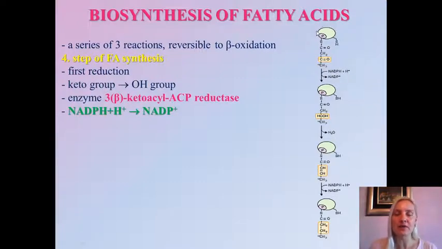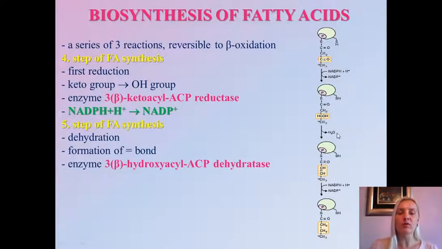The fourth step, here it is, is the first reduction. The keto group from the acetoacetyl part of the molecule is reduced to a hydroxyl group. The enzyme catalyzing this reduction is beta or 3 ketoacyl ACP reductase, and the donor of reducing equivalents is NADPH. Then we move on. After reduction, we have dehydration, or removal of a molecule of water, thus forming a double bond.